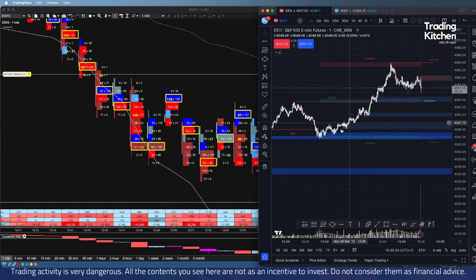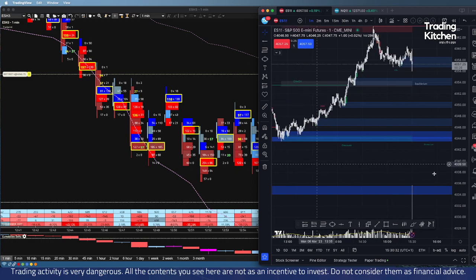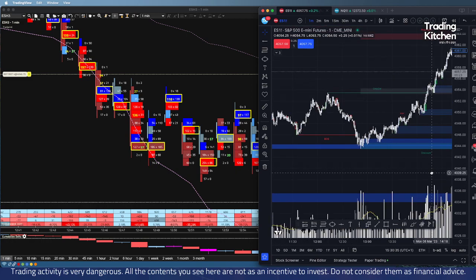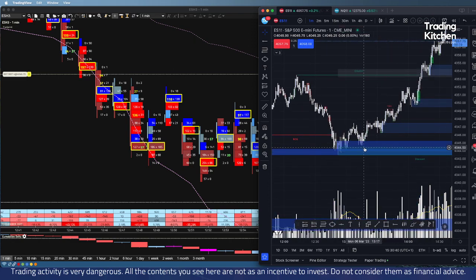So as you can see, let's have a look at this movement here. We are on the 1 minute time frame, but all the things I will say now could be easily adapted to every time frame.